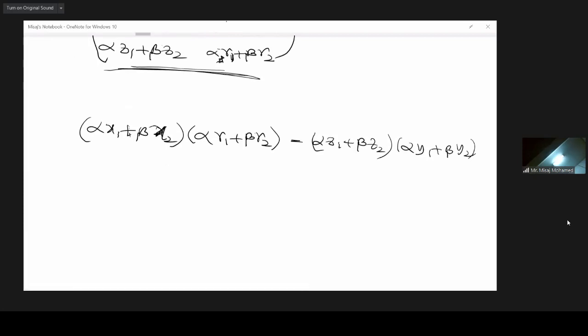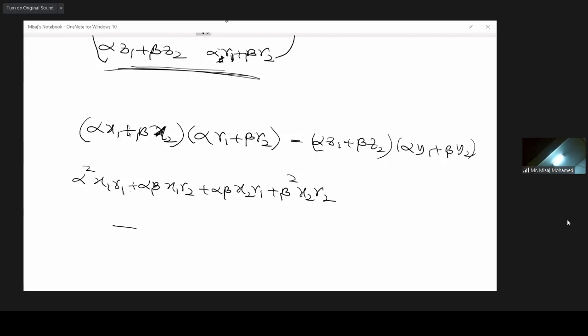Try to work it out. Right. Alpha squared x1 r1, alpha beta x1 r2, alpha beta x2 r1, beta squared x2 r2. Right?